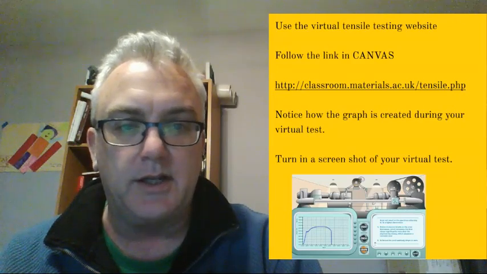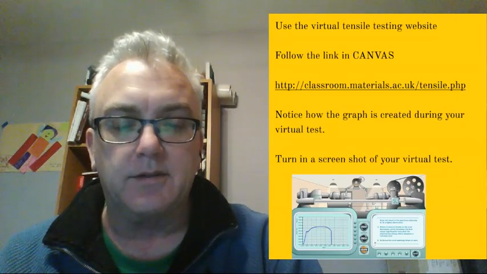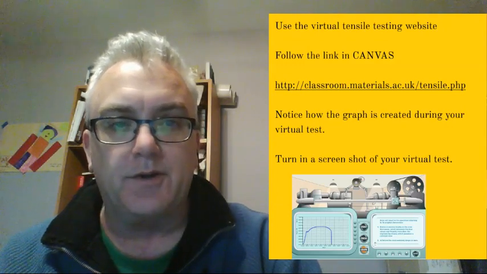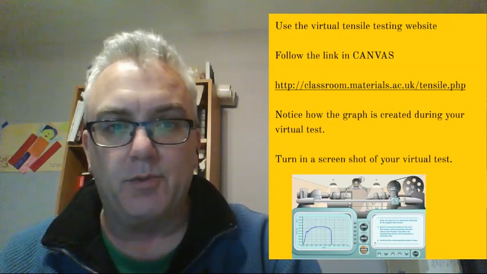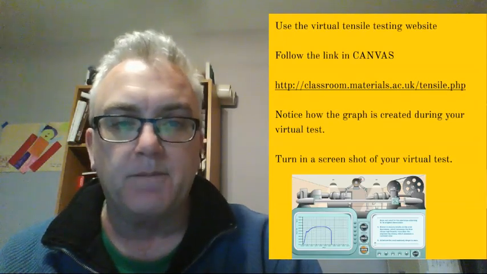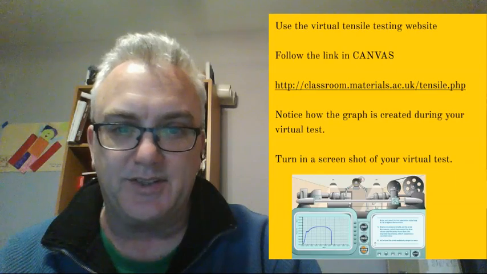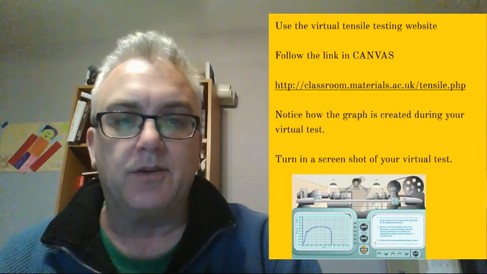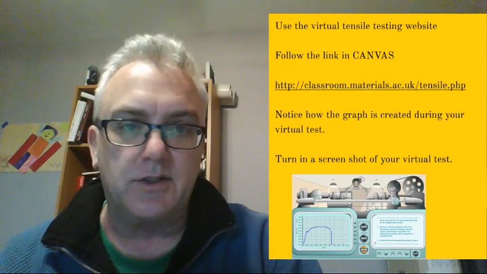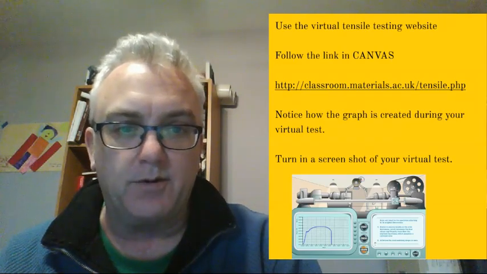This is sort of the machine here, and then you have this graph that gets created after you select a sample. Just follow this link or put this link into your browser. It's a pretty easy system to use. You just click a couple buttons, and you can watch the virtual tensile tester work. So then you'll see where this graph is, and when you're done with it, take a screenshot of your virtual test. That's part of what I'd like for you to turn in.